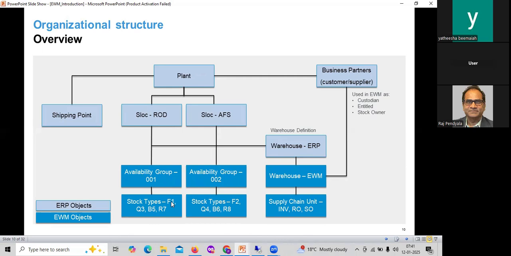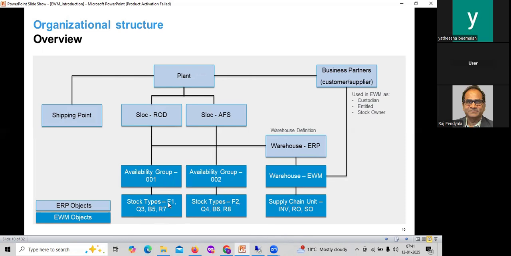F1 is unrestricted use in the warehouse, Q3 is quality inspection in the warehouse, B5 is the blocked stock in the warehouse, and R7 is the blocked return stock in the warehouse. Whereas availability group 002 represents the stock type F2, which is unrestricted use in the warehouse.